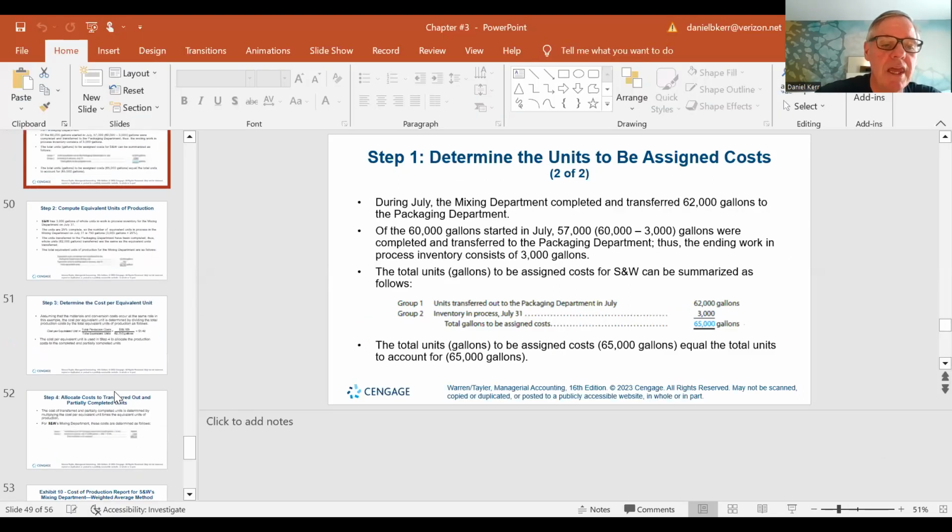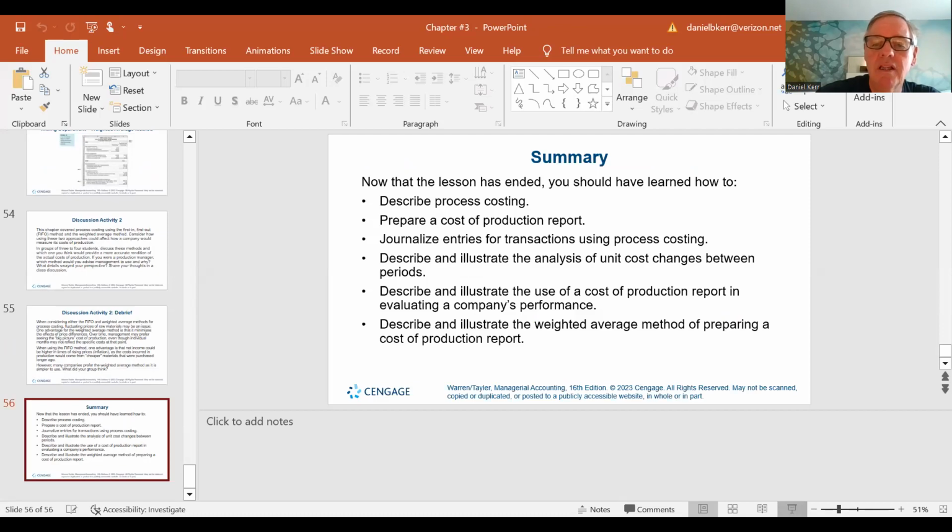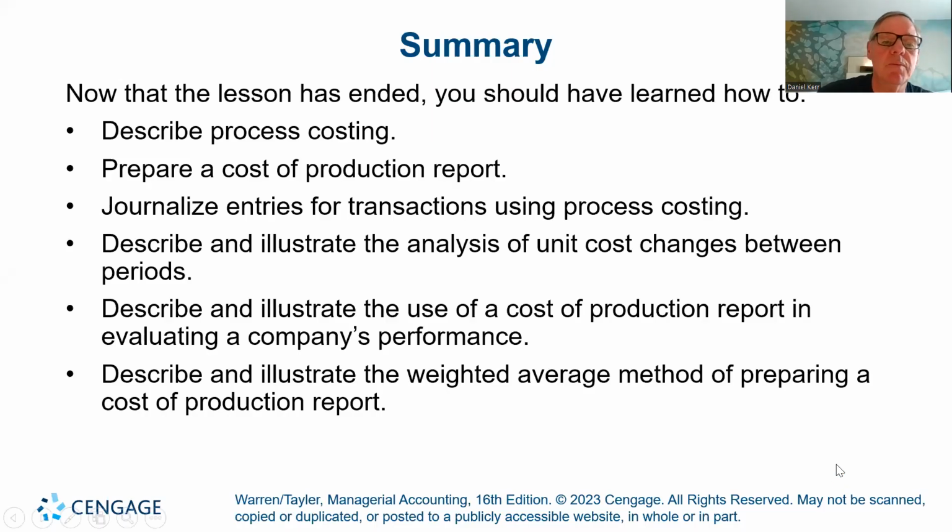Putting a lid on this chapter: be able to describe process costing, be able to prepare a cost of production report like we did in exercise 6, be able to do the journal entries, describe and illustrate the unit cost changes between periods like we did in Objective 4, and describe and illustrate the use of a production report in evaluating a company's performance. That's what we did in Objective 5. Don't worry about the weighted average.